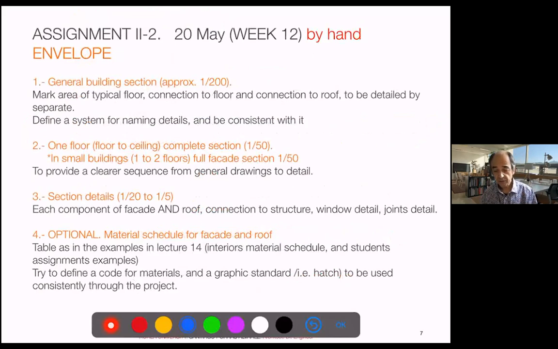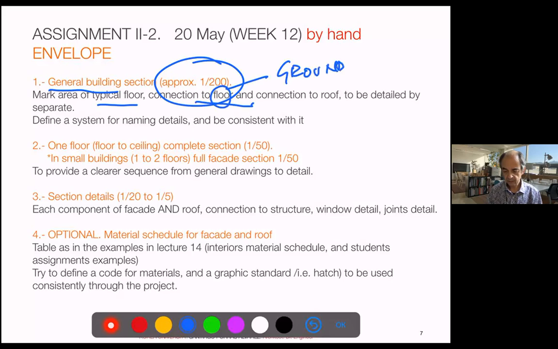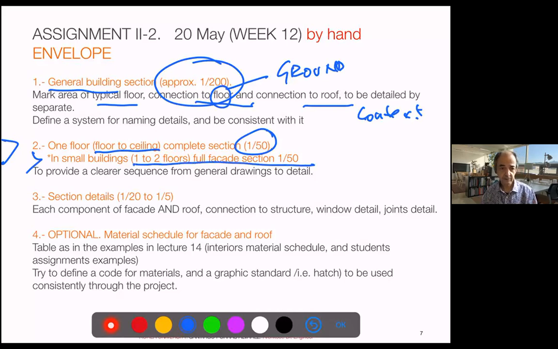The assignment is mostly working in section. Depending on the building scale, we need a general section, telling at least the typical floor, the connection to ground and the connection to roof, just to have the reference. This is for context. Then at least 1 floor minimum, floor to ceiling, at 1 to 50 scale. If your building is small, it may make sense to make the full facade, not only 1 floor.